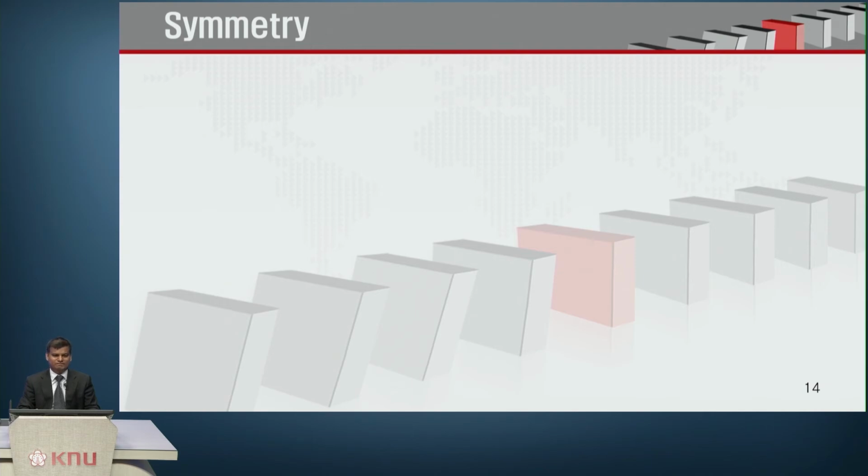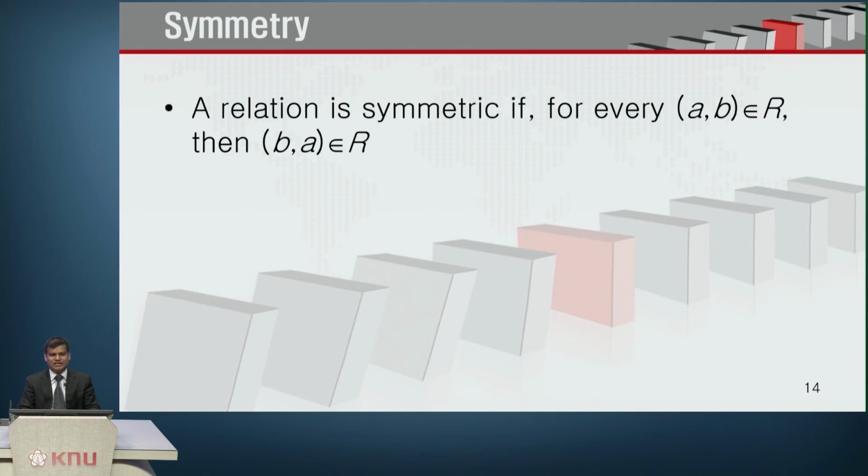Symmetry. As the word suggests, you can expect what symmetry is. A relation is symmetric if for every (a, b) that is an element of R, or in other words, if (a, b) is part of this relation R, then (b, a) is also part of R. That is the symmetric operation.